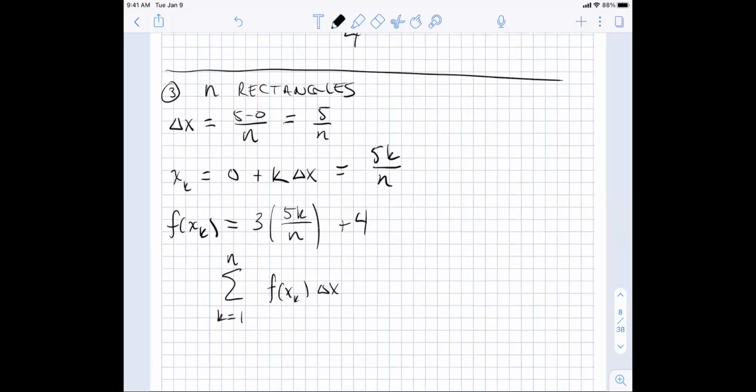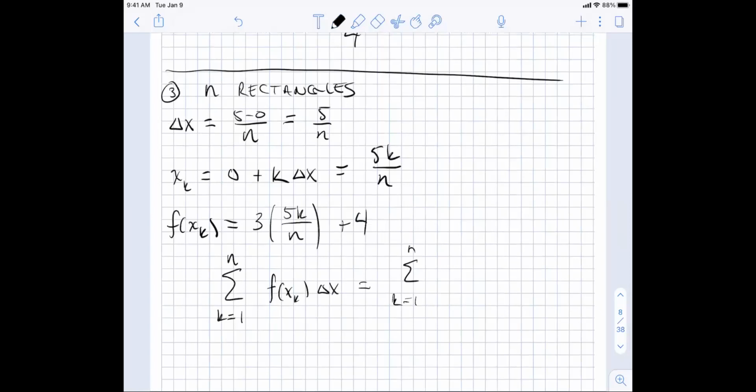Good question. F of x here, I just gave it to you. I said find the area under f of x equals 3x plus 4. So there's nothing special about 3x plus 4 other than that's what I gave you for this problem. Okay, so now we just plug everything in. We don't have an n again because the point of this is to find out what's happening for general n, and then we're going to do something very special.